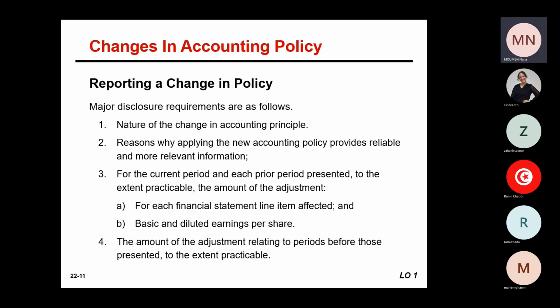So in addition, of course, to that accounting, as I said, journal entries are accounting treatment. So we need also to provide major disclosure. Okay, so again, IFRSs, or of course the accounting standards, they don't expect to find this change in accounting policy to be recurrent, to be, I don't know, often.